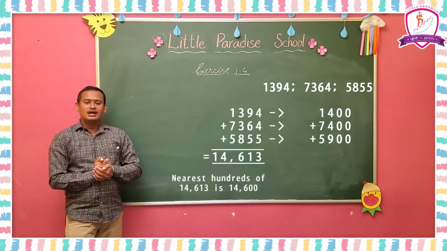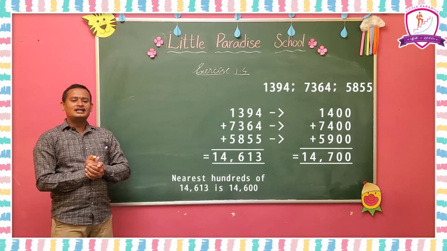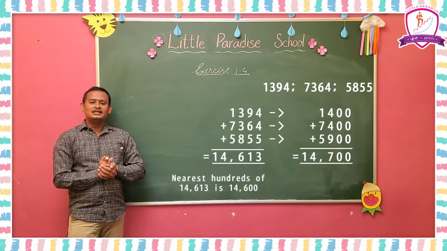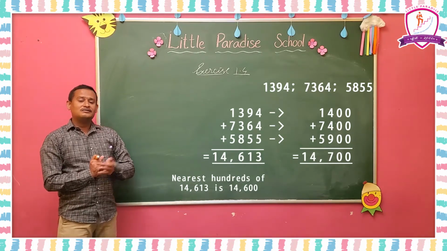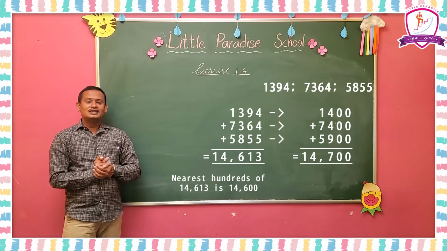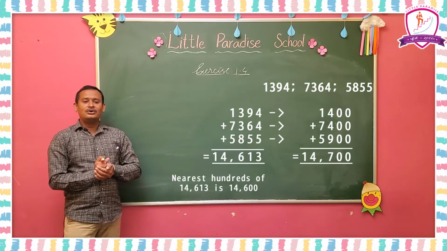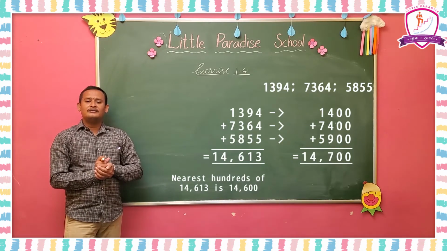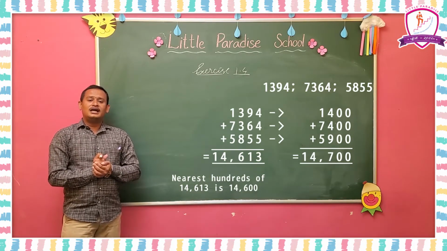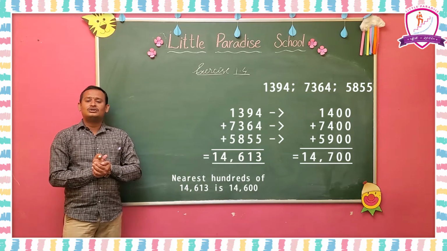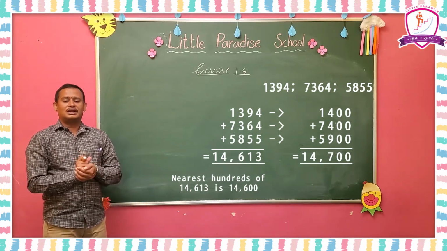Find the sum of those: you will get 14,700. But observe that the nearest hundreds of the actual value is 14,600, and the estimated value is 14,700. Here another question is given: is it correct to say that estimating the sum is the same as the rounded actual value? We observe that the estimated sum is close to the rounded value of the actual sum but not equal. Understood?